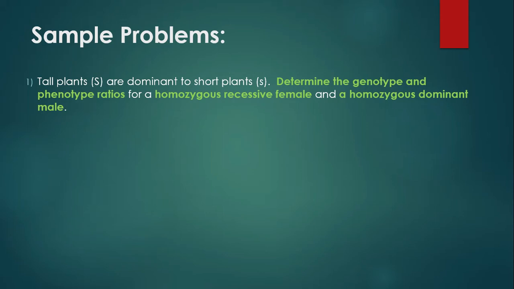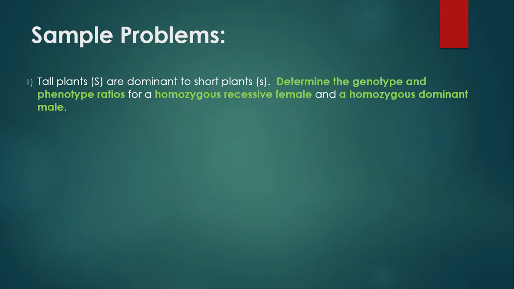So the dominant allele is expressed in letter S, which describes tall plants, and small letter s this time for short plants. So, tall plants are dominant to short plants. Determine the genotype and phenotype ratios for a homozygous recessive female and a homozygous dominant male.